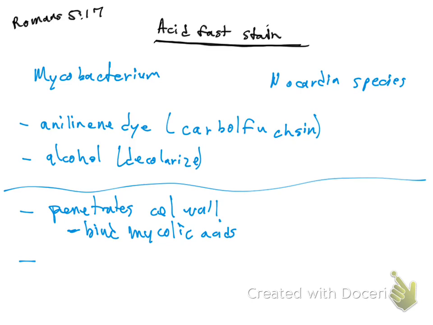So the alcohol or the hydrochloric acid is going to dissolve the outer cell membrane of non-tuberculous bacteria, but the presence of mycolic acid prevents the decolorization of the mycobacteria, which is the one that we are talking about right now.